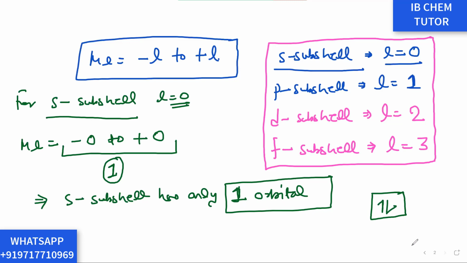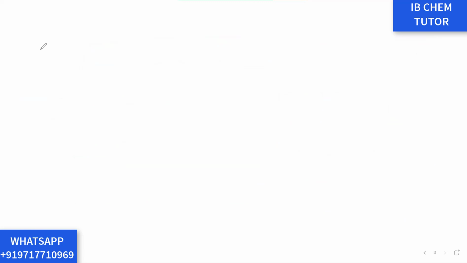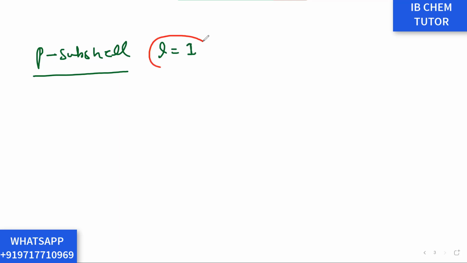Now the same thing we're going to do for the P subshell. For the P subshell, you know the value of L, the azimuthal quantum number, is 1. So apply the formula. ML will be minus L to plus L. So this will be minus 1, then 0, and then plus 1.